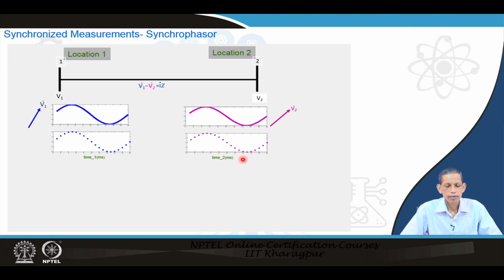Moving forward, now let us think that two phasors are required at two different locations.